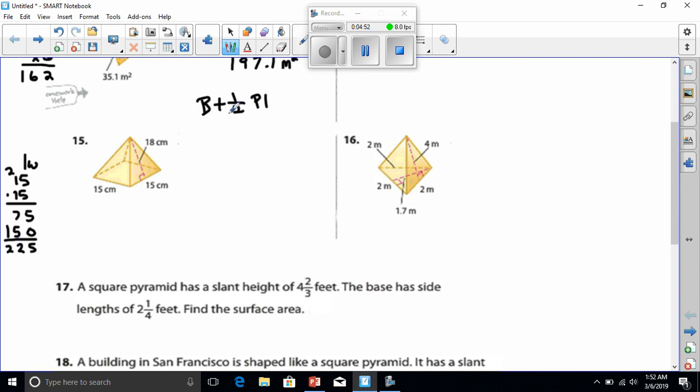So our base is 225. I'm going to add that to 1/2 times the perimeter. The perimeter is actually 15 by 15 by 15 by 15, so that's 15 times 4. And that's going to give me 60.